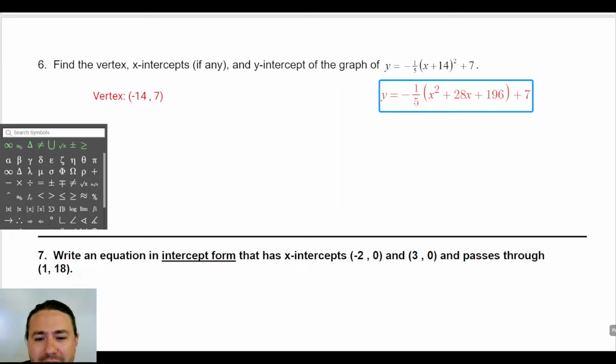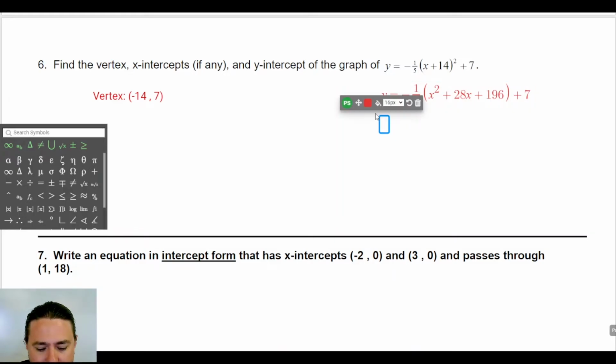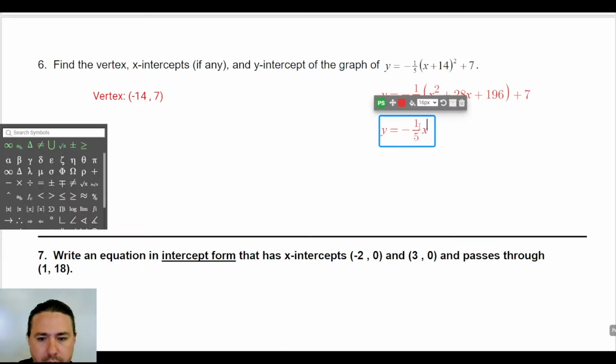Okay, let's see where this goes. If we want to clean that up a little bit, we get y equals -1/5 x squared, minus 28/5 x minus 196 over 5, I take that back, these should be minus. And then I still have that plus 7 hanging out there.